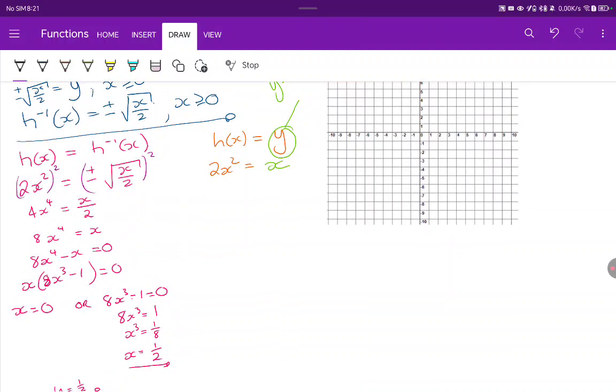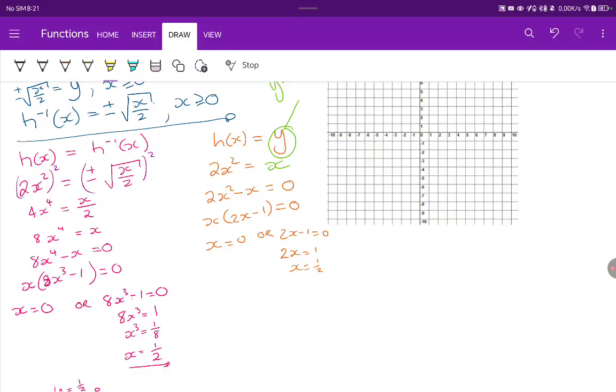You can take your x over, 2x squared minus x equals 0. Take x out, 2x minus 1 equals 0. x equals 0, or 2x minus 1 equals 0. So that means that you have 2x equals 1 and x equals a half.